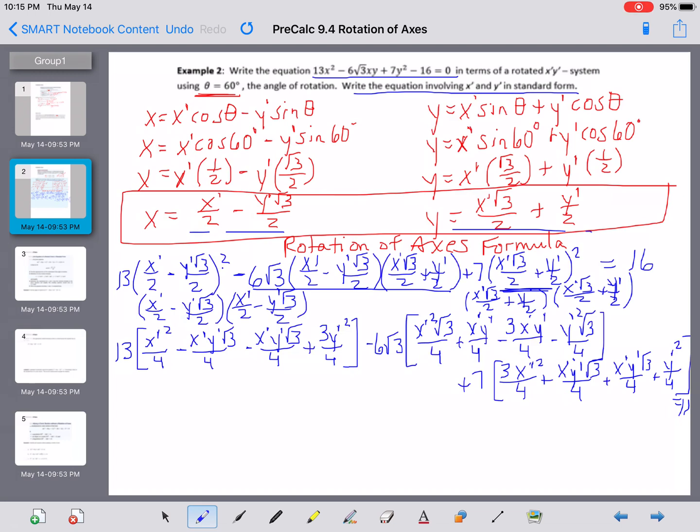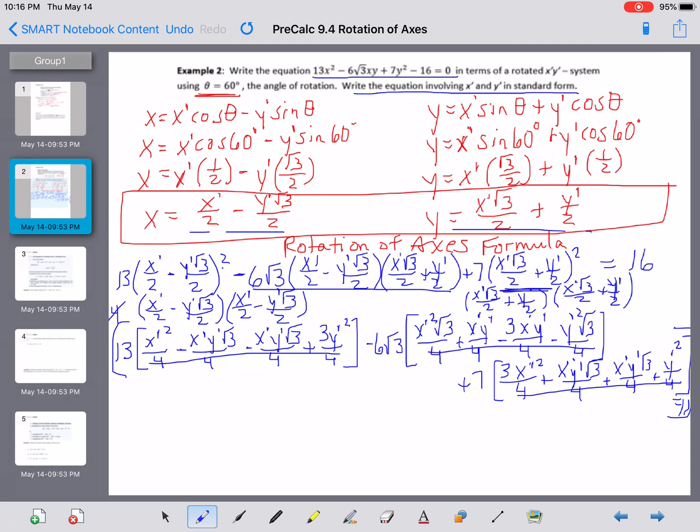Most of the time, if I decide to multiply my entire equation by a number, I usually take it times the outside number. I don't want to take it times the outside number. This 4 is going to cancel all of these 4's. As long as you have the same denominator on absolutely every one of those terms, it's going to cancel everything. Okay, so let me do a little cleaning up now.